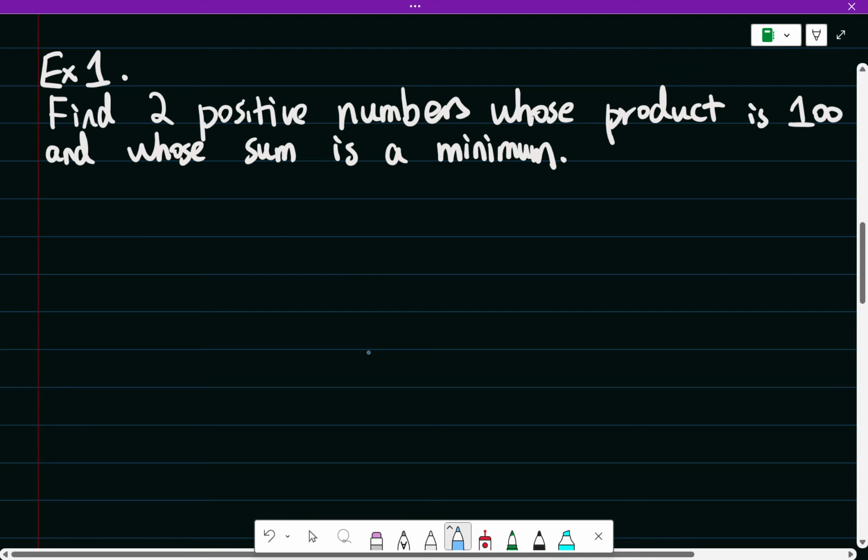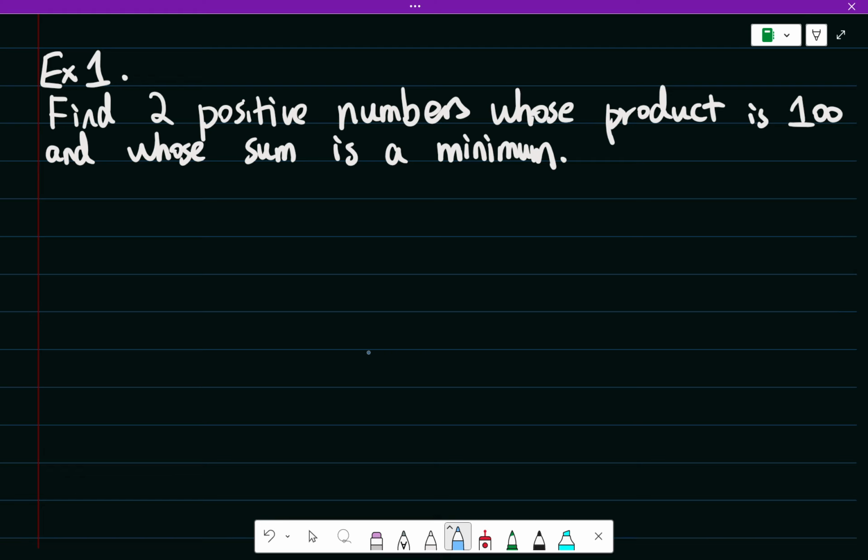Example number 1. Find 2 positive numbers whose product is 100 and whose sum is a minimum. So first, we need to set up variables for unknown factors in this question. As we can tell, the unknown factors in this question are the 2 positive numbers.